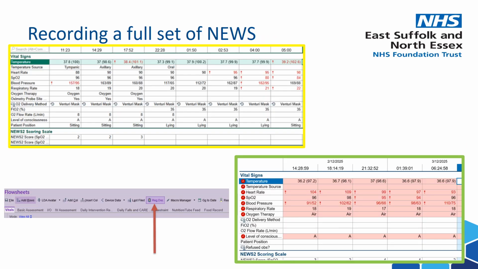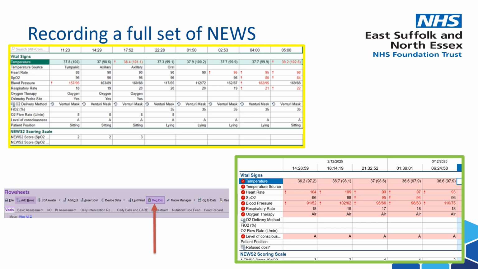There is one more important point to add in this training video. In order for us to recognise deterioration and to keep our patients safe, we need to ensure that we are recording a full set of vital signs. A new score will be produced once all of the required documentation is entered.